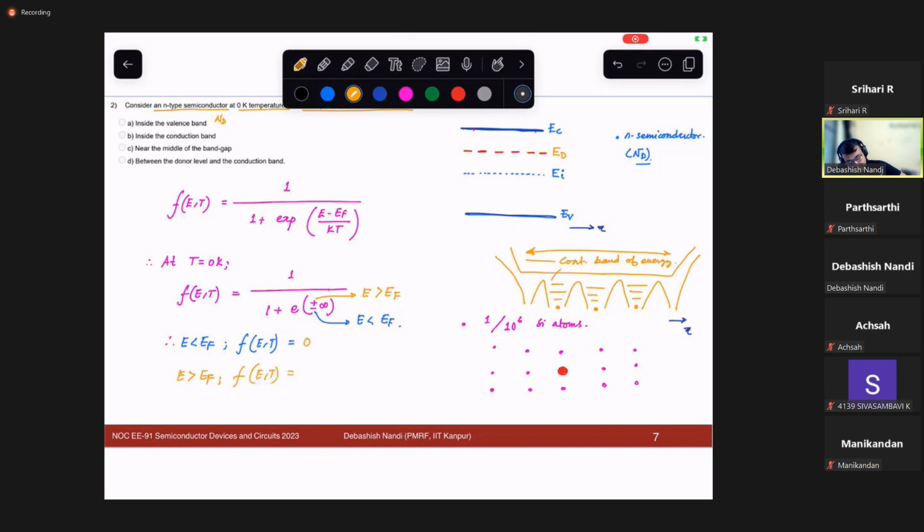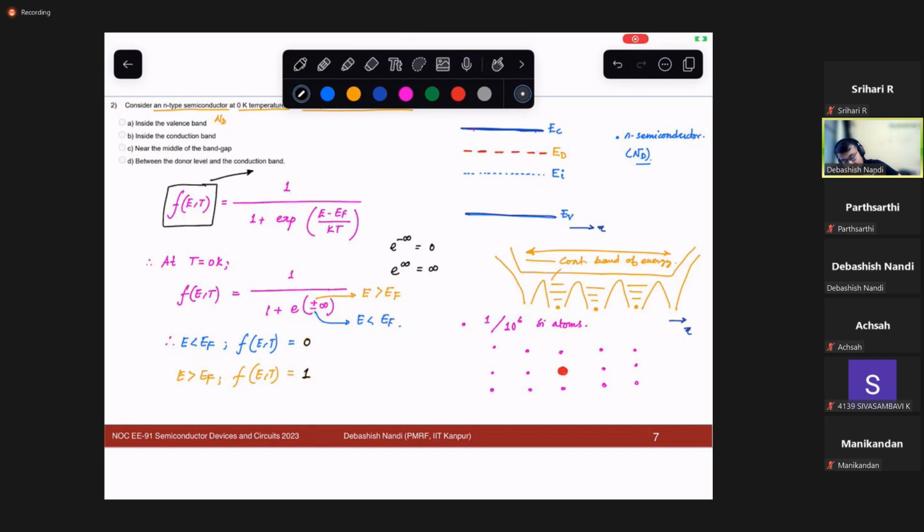It will be 1, it will be 0, right? Yes, sir. Because e to the power minus infinity is 0, e to the power infinity is infinity, okay? So in one case you are getting 1 over 1 plus 0, in one case you are getting 1 over infinity. So what is this?